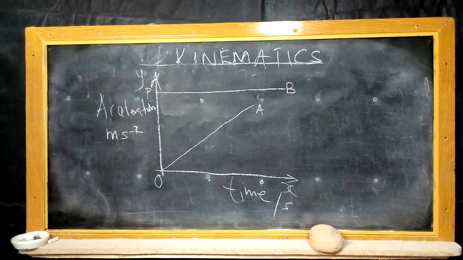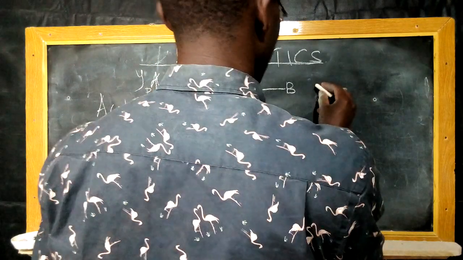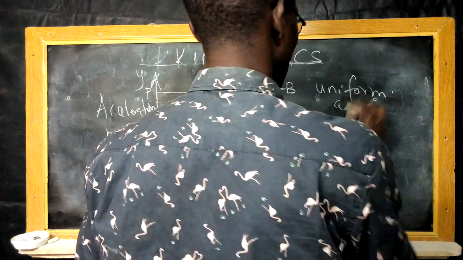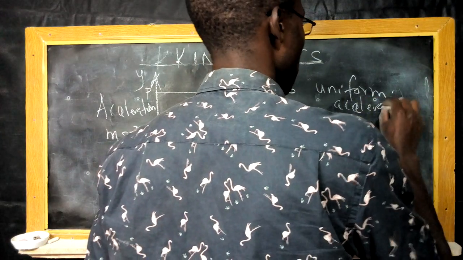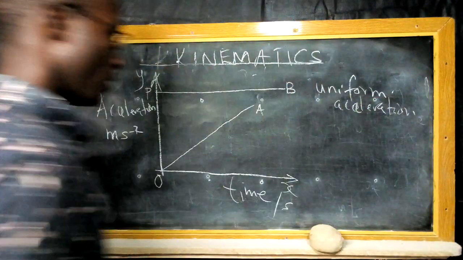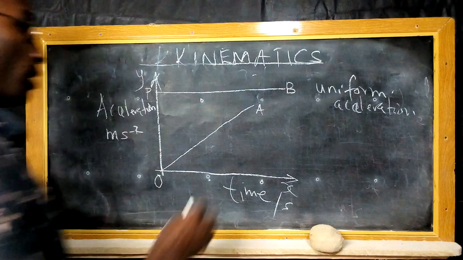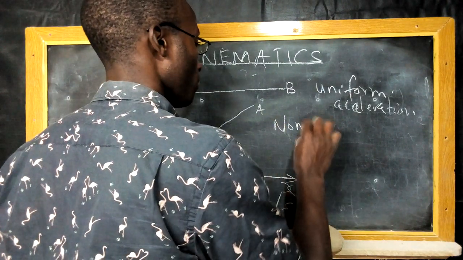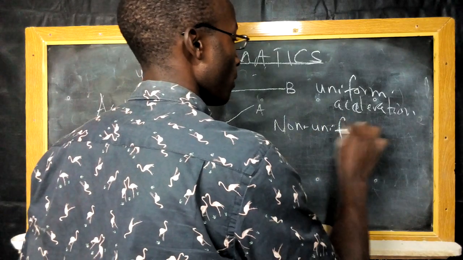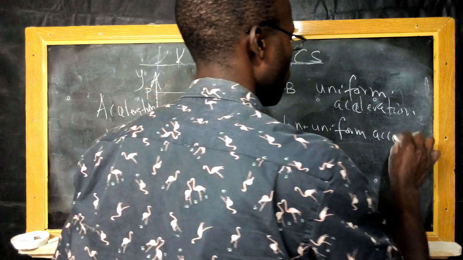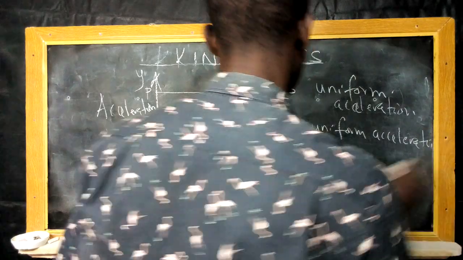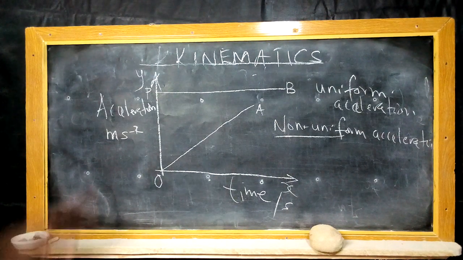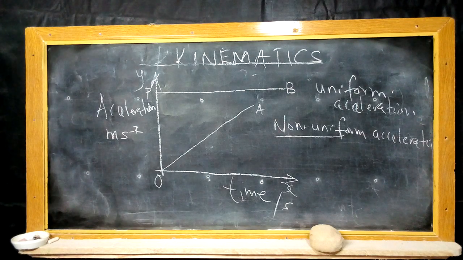So PB we refer to as uniform acceleration, whereas AO we refer to as non-uniform acceleration, implying that the non-uniform is changing with time, whereas the uniform one does not change with time, it is constant.